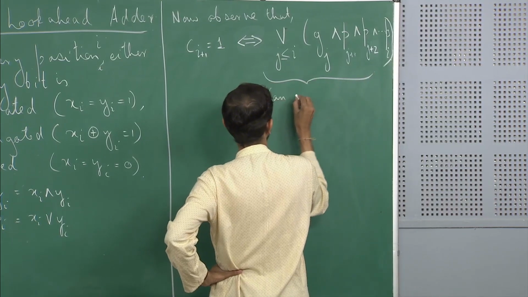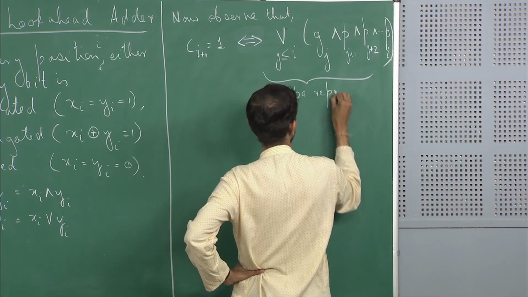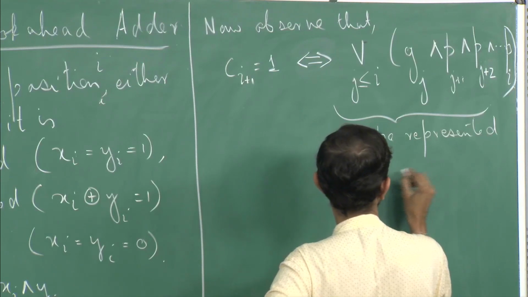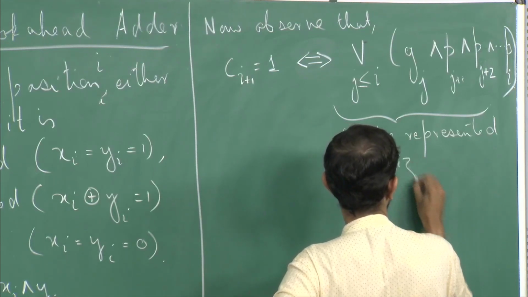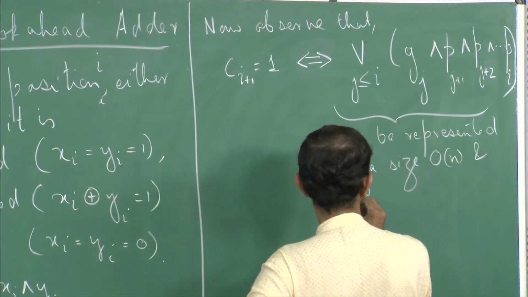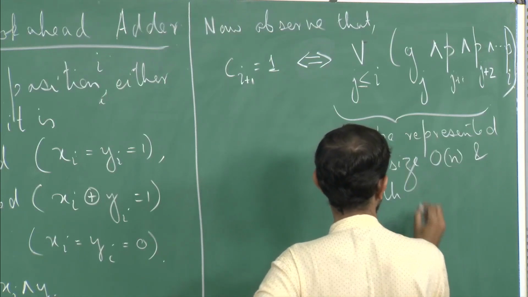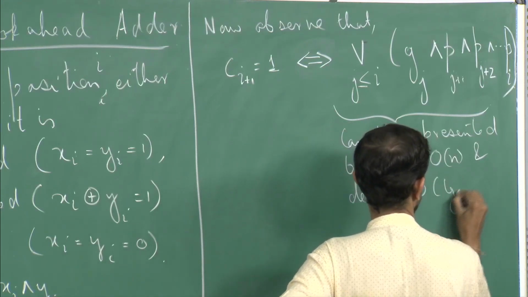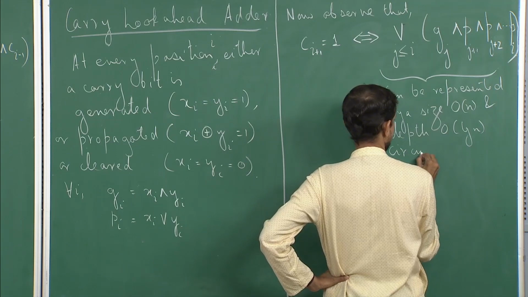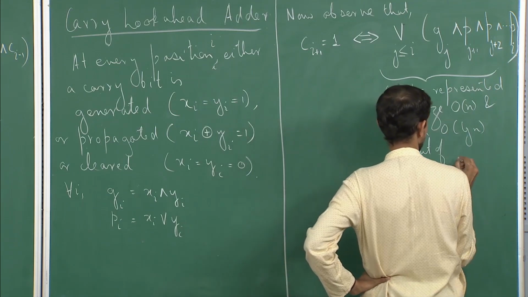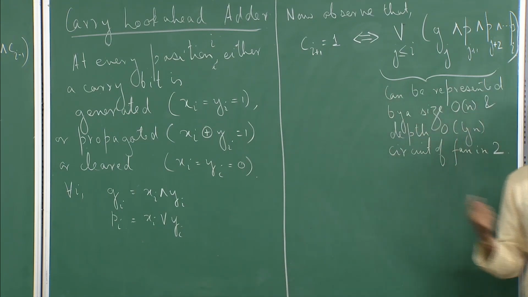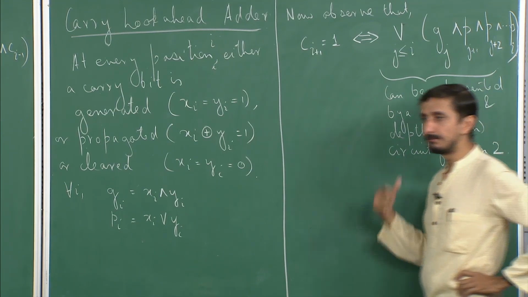So, this can be represented by a size order n and depth order log n circuit of fan-in 2, that is a circuit over the De Morgan basis, right.